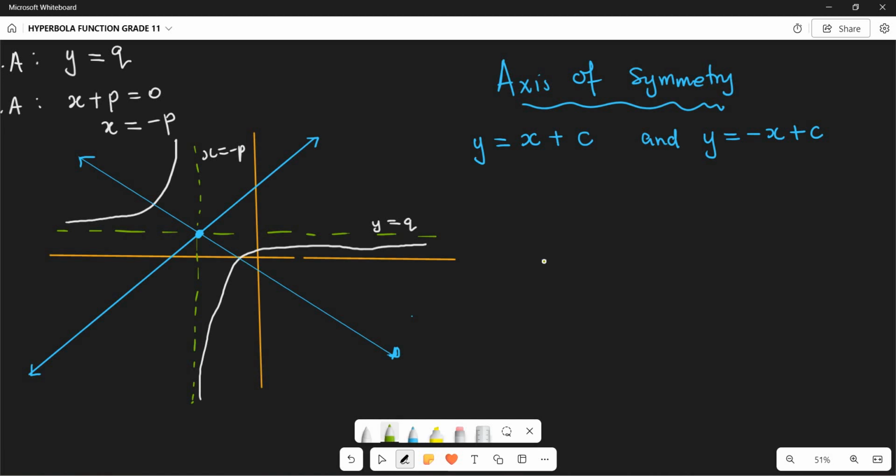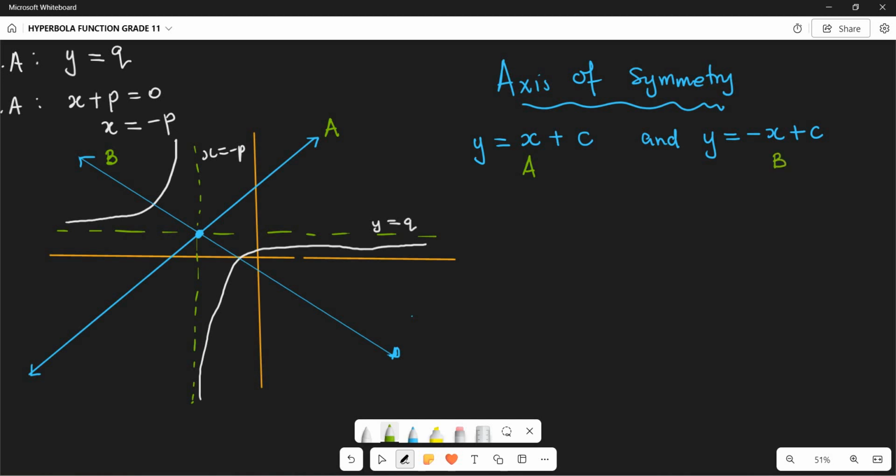Let me call this one A and this one B. The A graph is rising, so it has a positive slope. The B graph is falling. We are reading from left to right, remember? So that means it has a negative slope. This one is your A graph, and this one is your B graph.